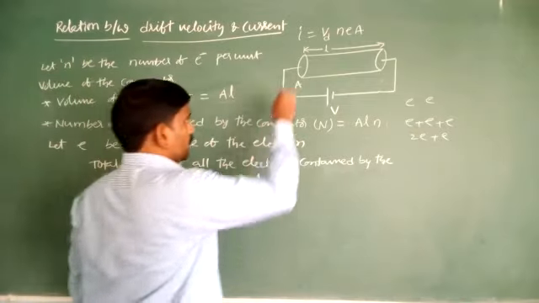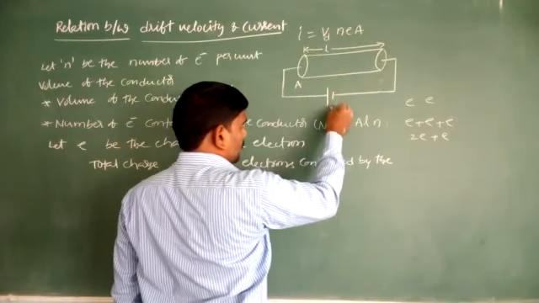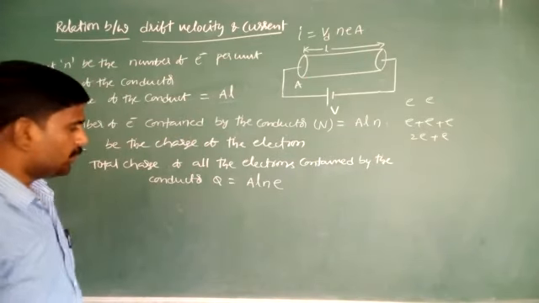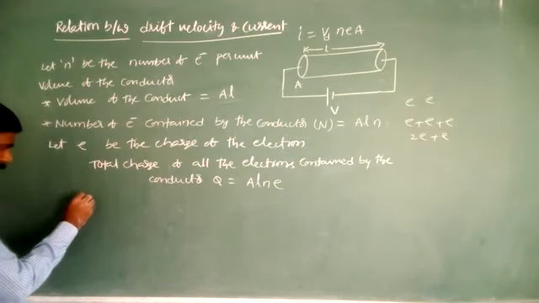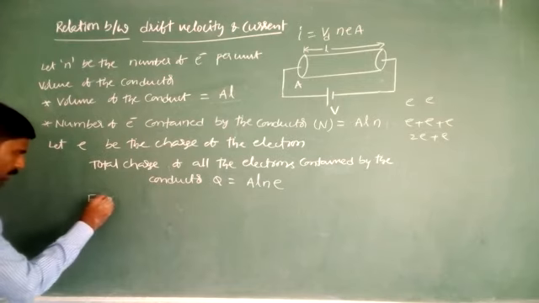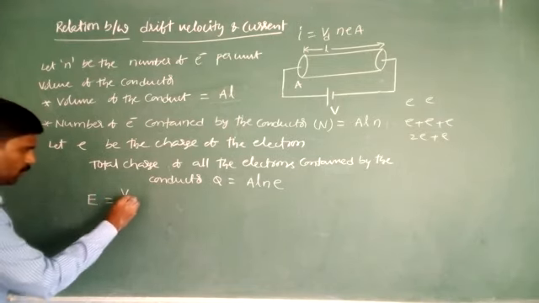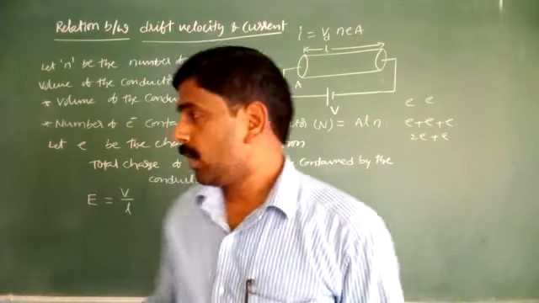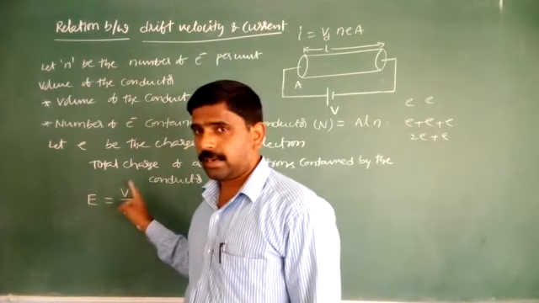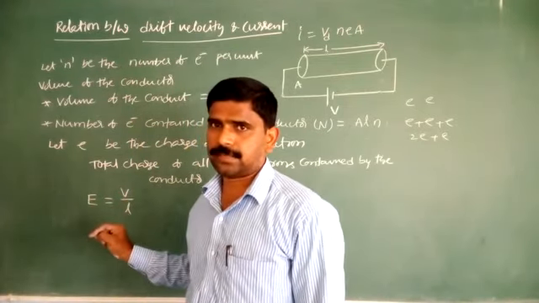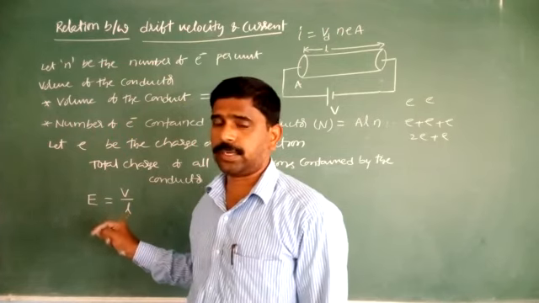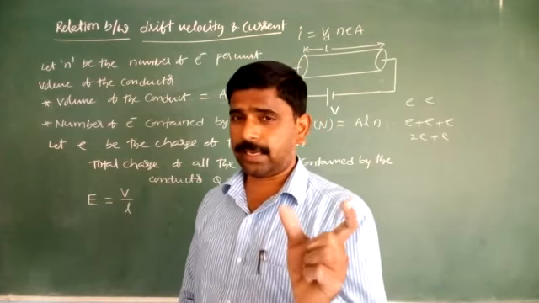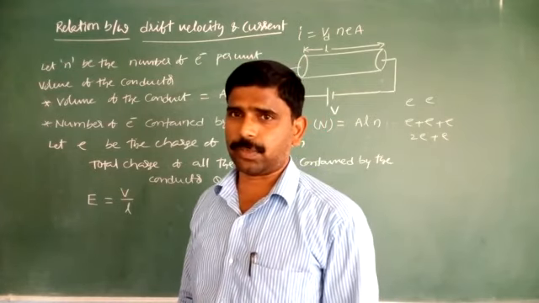So observe here, when we apply a certain potential difference across the ends of the conductor, then an electric field is formed inside of it, and that electric field E is equal to V by L. We know the relation between the electric field intensity and electric potential difference. We derived that expression in the capacitors, electric potential and capacitors topic.